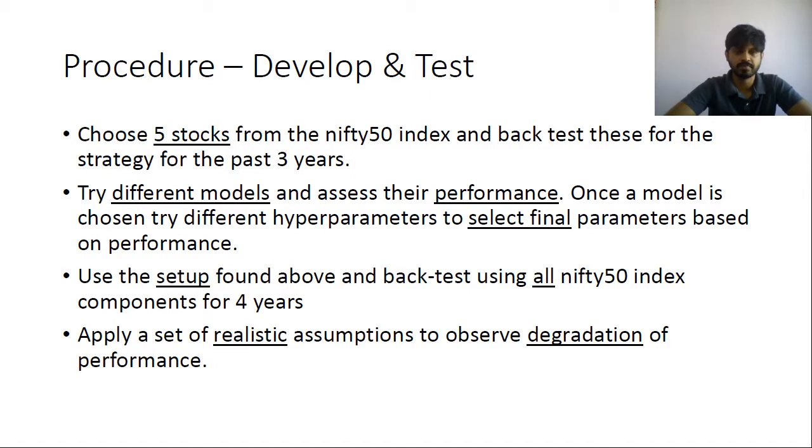One is we can reduce runtime, so when I'm trying out different models, it will run quickly. And the second reason is that I don't want to overfit. Since my backtest is going to have all 50 components, and my development is going to be on 5 stocks, this would control some of the bias involved.